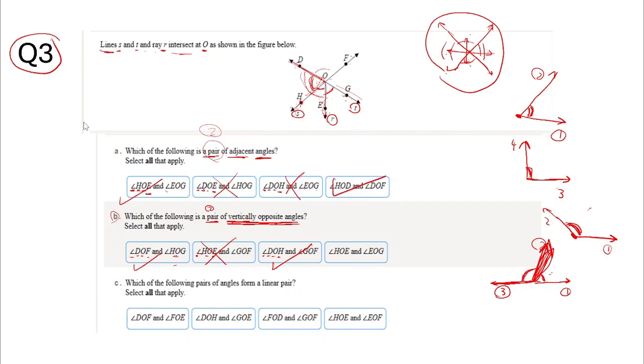Okay, the last option, HOE. Again, there is no opposite angle for this one. HOE and EOG, no, this is not the opposite angle. So this option is not correct.